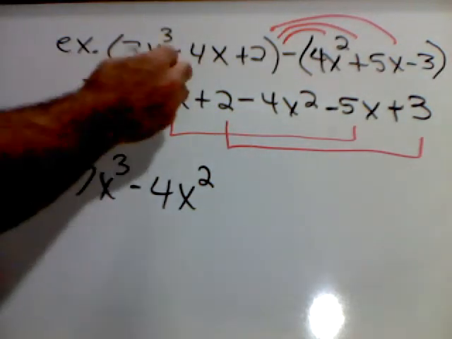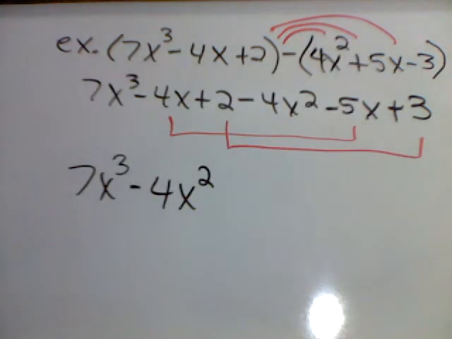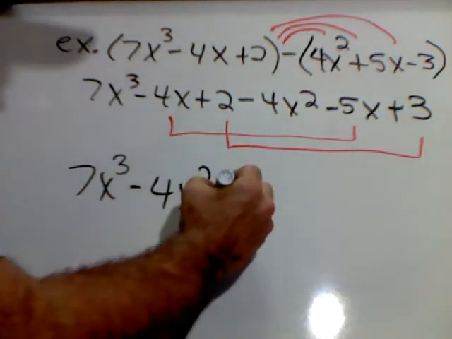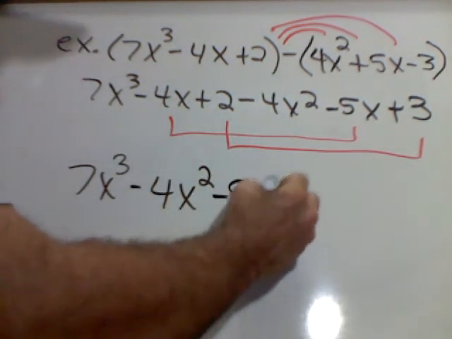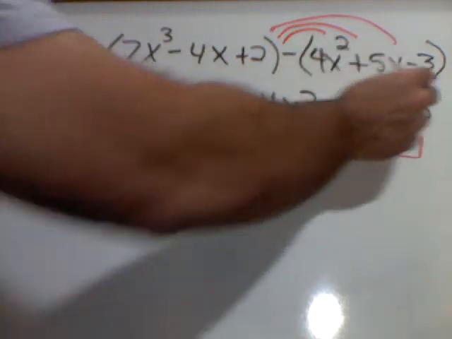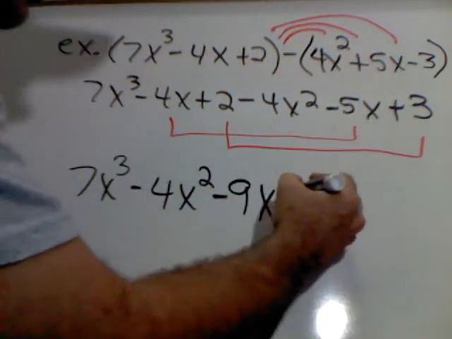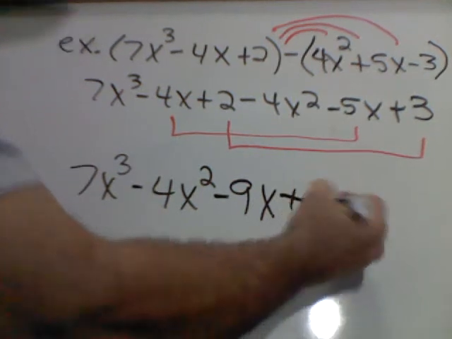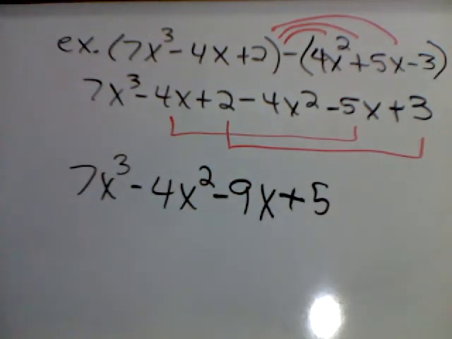Now my x is negative 4x, negative 5x. Adding like signs, add the numbers, they keep their sign, giving me a negative 9x. Now, positive 2, positive 3, adding like signs, gives me a positive 5.